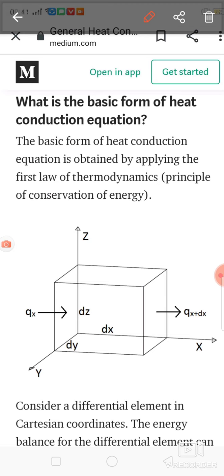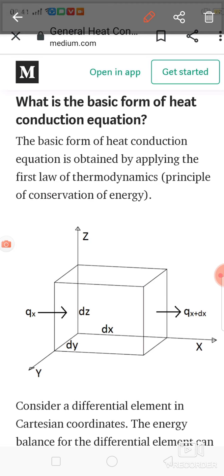Similarly qy is conducted into the element in the y direction and qy plus dy is conducted out. Similarly for the z direction, qz is conducted into the element and qz plus dz is conducted out from the element.